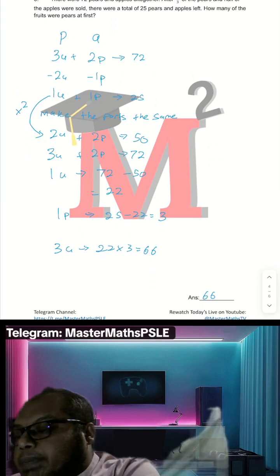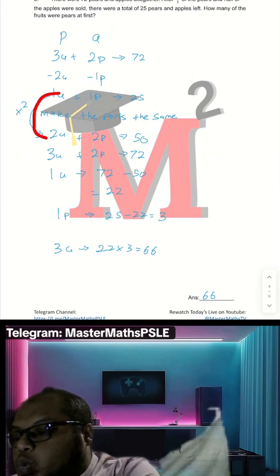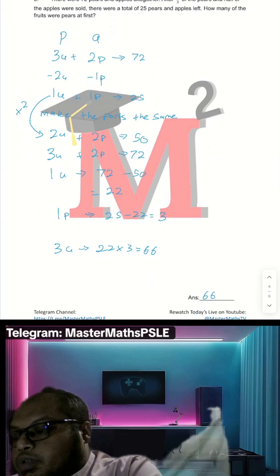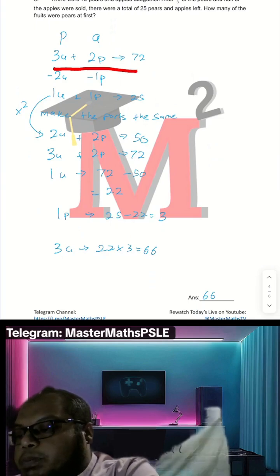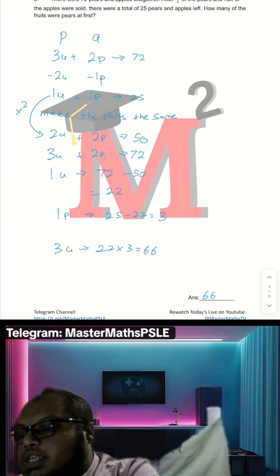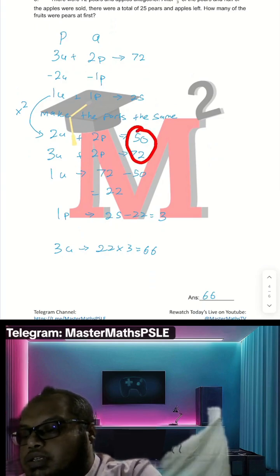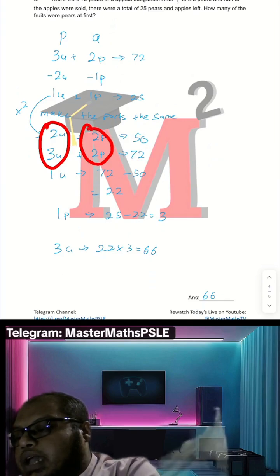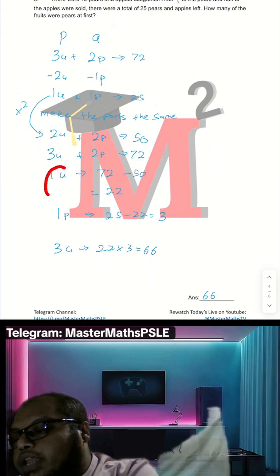So I multiply this by 2. It becomes 2 units, 2 parts and 50. I copy this down below. Now I compare. You see the difference of this is 22. If I take the difference between this and this, I will get simply 1 unit.